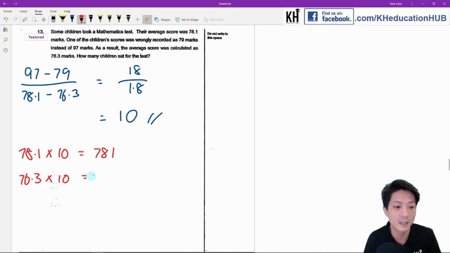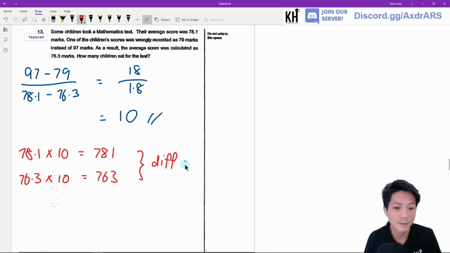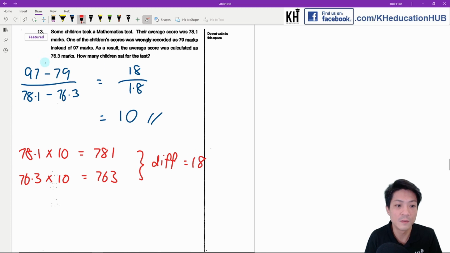If you times 10, it will be 763. Okay, notice that the difference is 18. Okay, and this difference is basically the difference between the correct score and the wrong score.